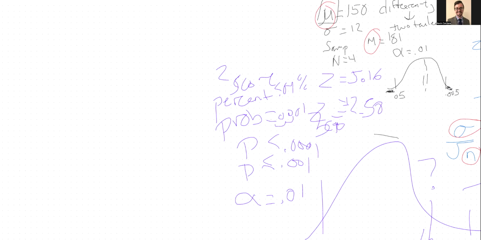If you report a p-value with a percent symbol on it, stop, erase, take a step back, walk away from the percentage. Okay, give me a proportion. Because it is a probability, it's a proportion.